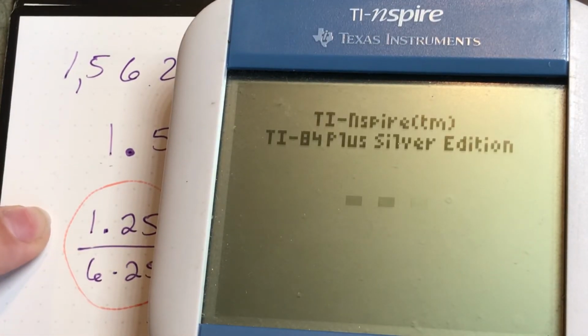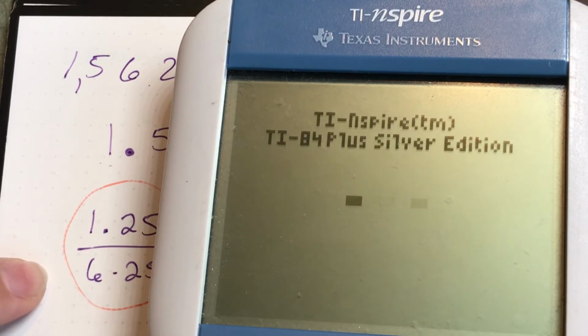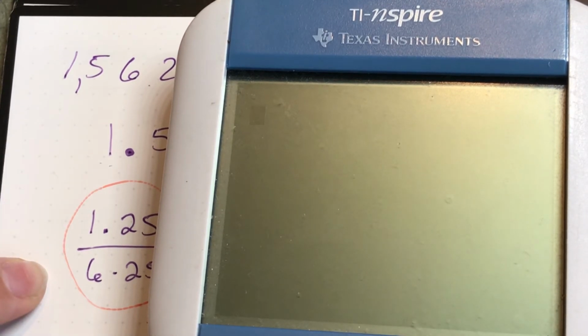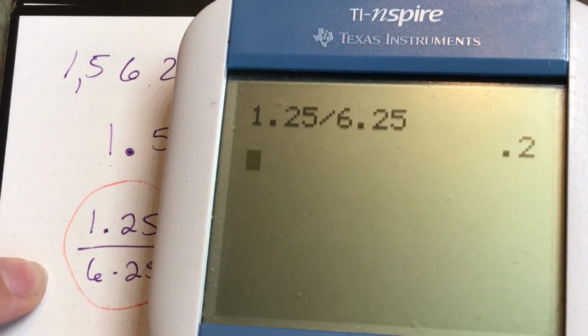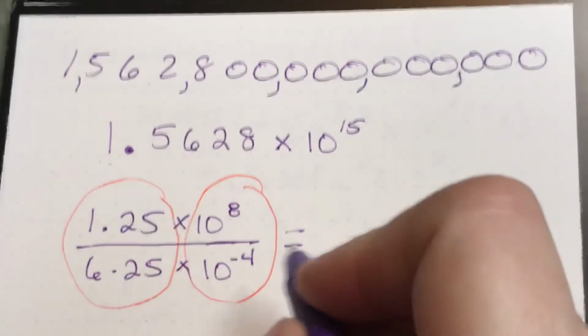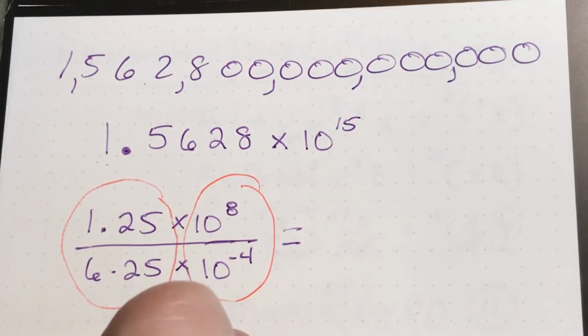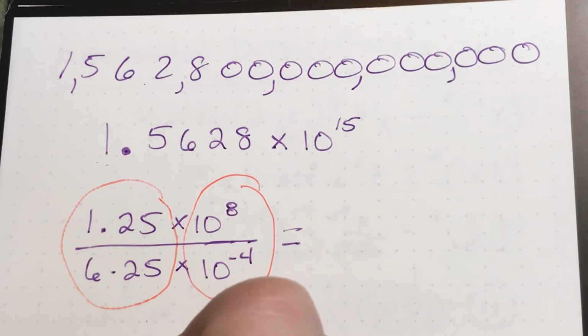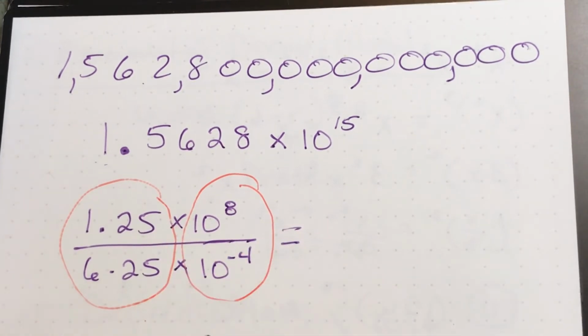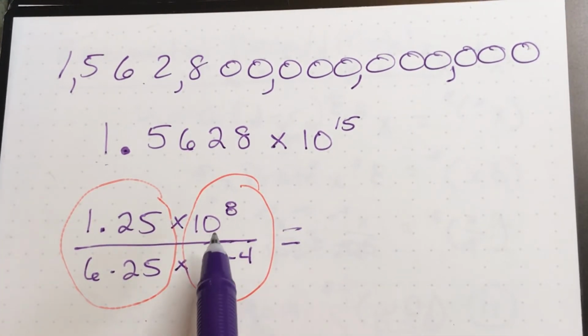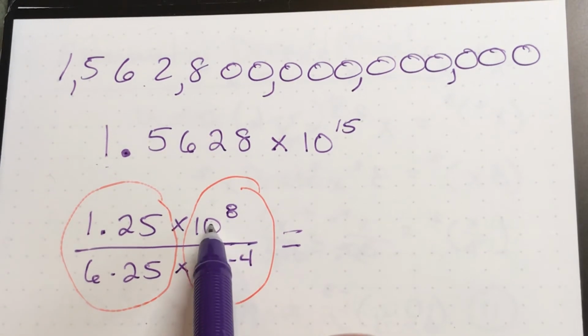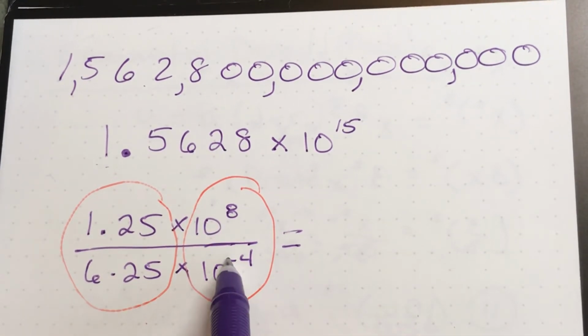Remember, when we're dividing, it's always the top number divided by the bottom number. There we go. So 1.25 divided by 6.25. So I've got 0.2. So this part is 0.2, and then I'm just going to bring down that times. And then I've got 10 to the 8th divided by 10 to the negative 4th.